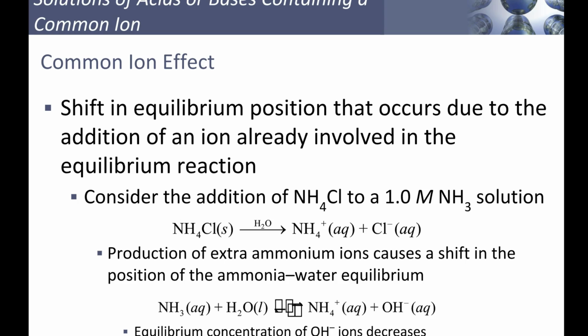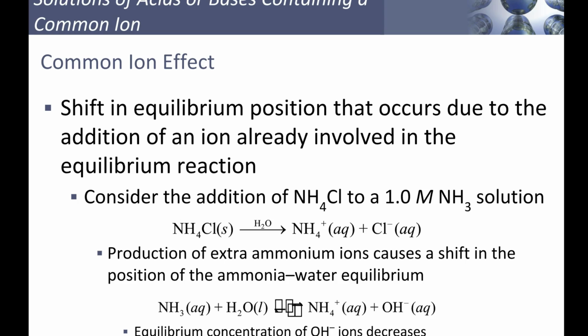So if you're going to add more ammonium, you see how ammonium is found in both the ammonia and the ammonium chloride. So if you get extra ammonium production, what's going to happen? It's going to shift, and the equilibrium concentration of the hydroxide is going to decrease.